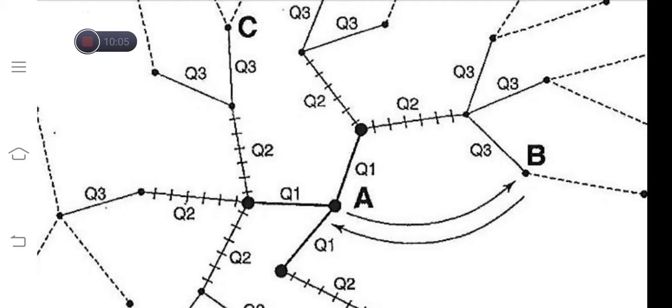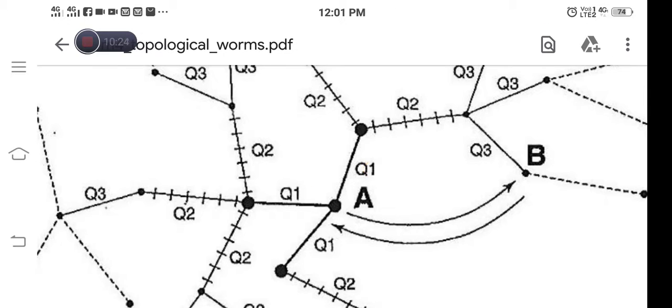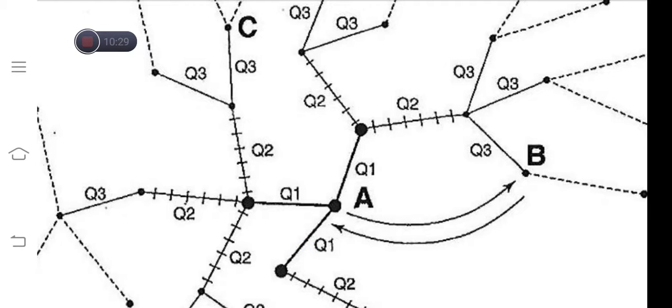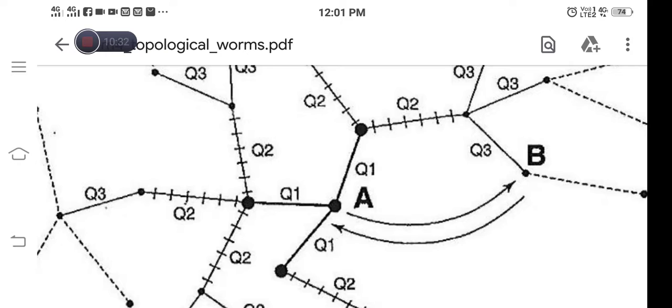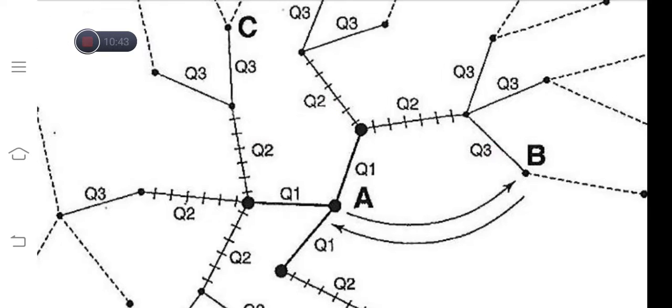Each neighbor that does not have the file in turn queries its neighbors, and so on. In the diagram, the links labeled Q1 are the first set of links over which the query from A propagates, that is, A is requesting the file ABC. The links labeled Q2 are the next set of links, and similarly the links labeled Q3 are the next set after that.